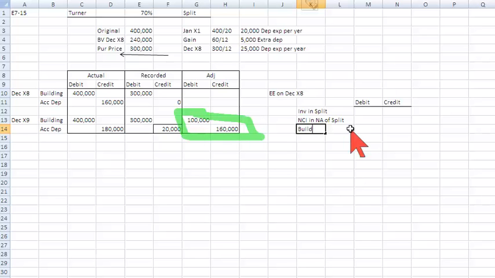Building, and credit accumulated depreciation, for 100 and 160, and then the remaining should be split 70% and 30% of $60,000, which is 42,000 and 18,000.